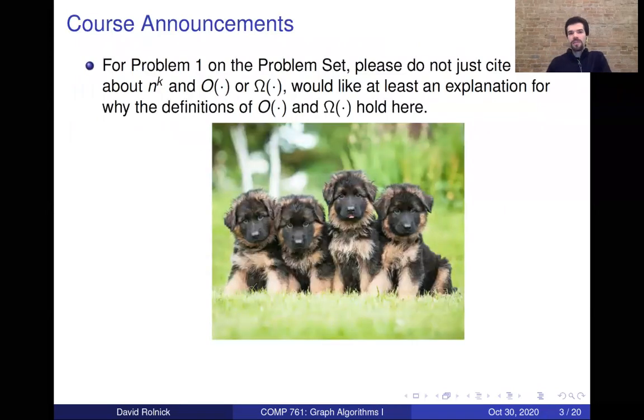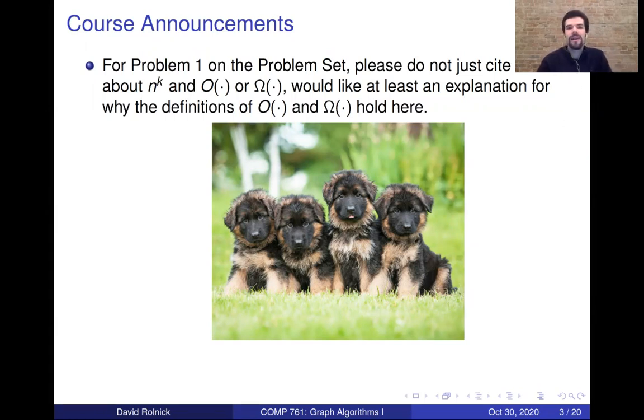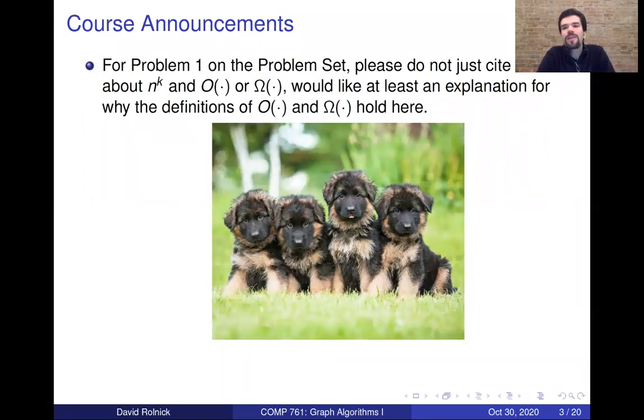So I wanted to make clear that for problem 1 on the problem set, please don't just cite a result about n to the k, and don't cite a result about polynomials necessarily and O of stuff and omega of stuff.